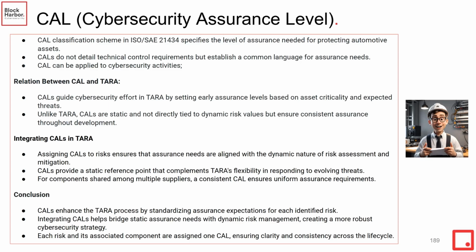Unlike TARA, which focuses on dynamic risk assessment, CALs are static and provide a consistent baseline throughout the development process. Integrating CALs into TARA enhances the process by linking assurance levels to risks. This ensures consistency in addressing critical threats while maintaining TARA's flexibility. Assigning CALs to risks creates a robust framework for managing cybersecurity across components, even when multiple suppliers are involved.